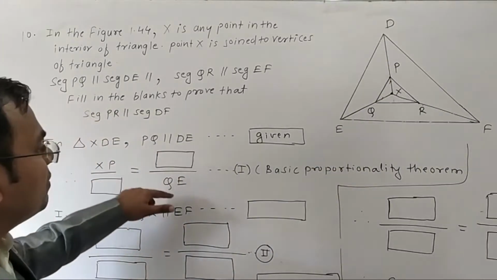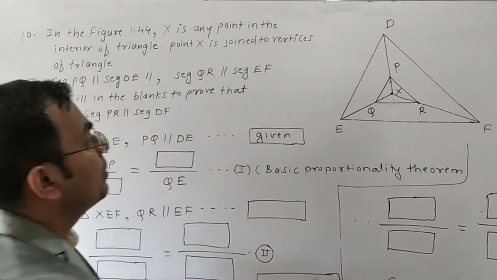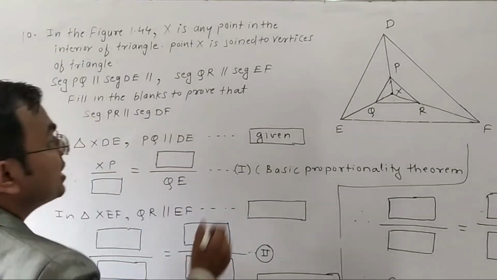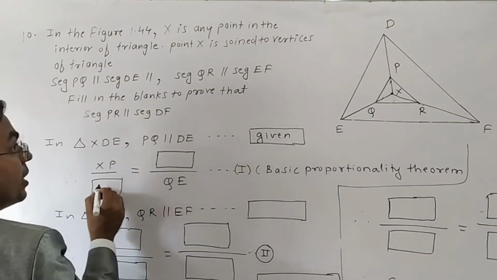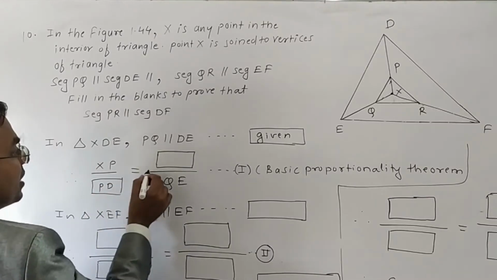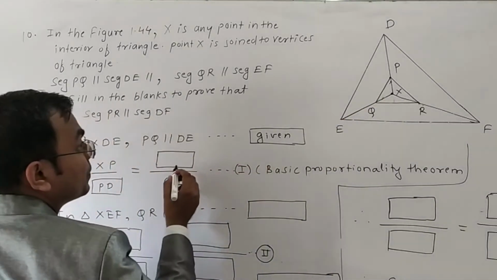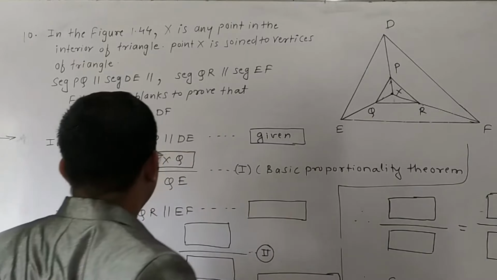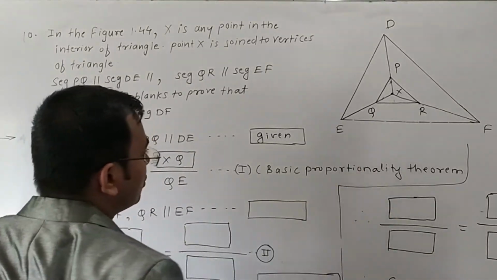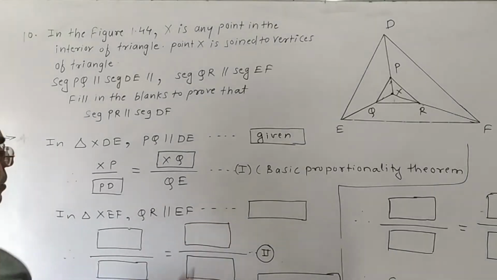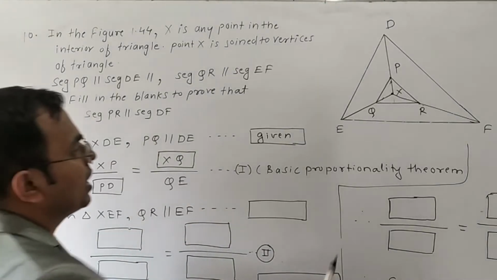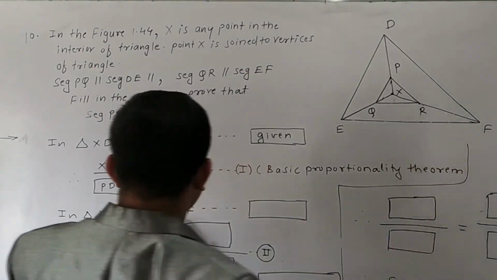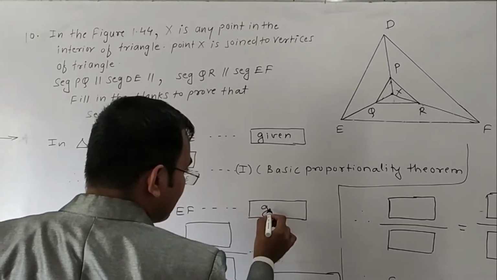So by BPT, the basic proportionality theorem, we can write XP upon PD is equal to XQ upon QE, by the basic proportionality theorem. So the reason is already given here. Equation number 1. Now in triangle XEF, QR parallel to EF is given. So write down here: given.